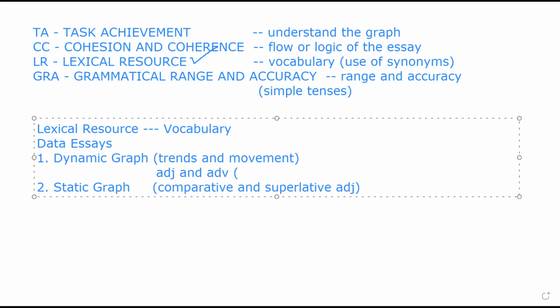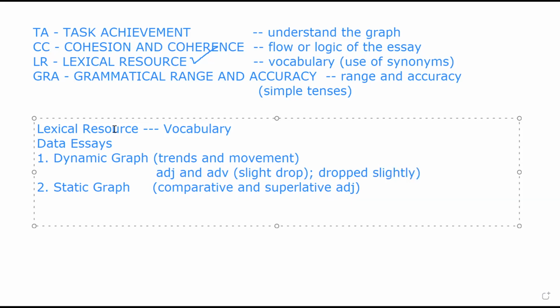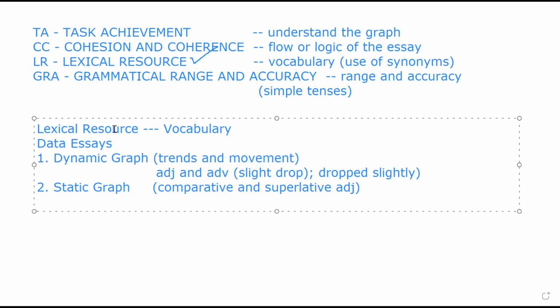For example, we have a slight change, or a slight drop. Slight is an adjective, and drop is a noun. Or we can say dropped slightly. Other vocabulary that students need to remember is changing percentages to fractions.